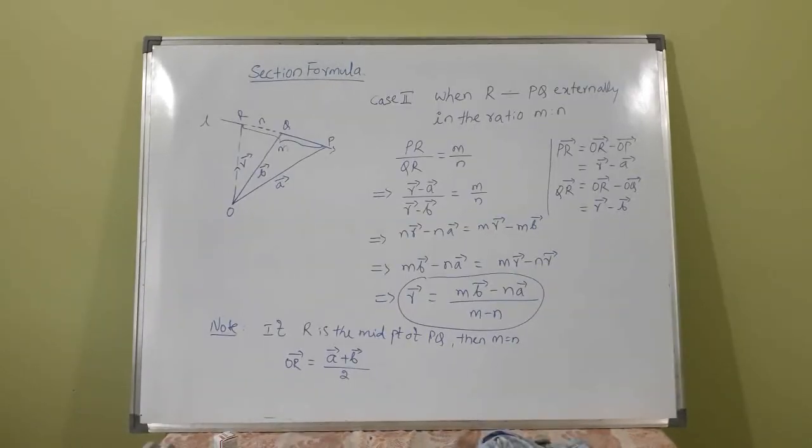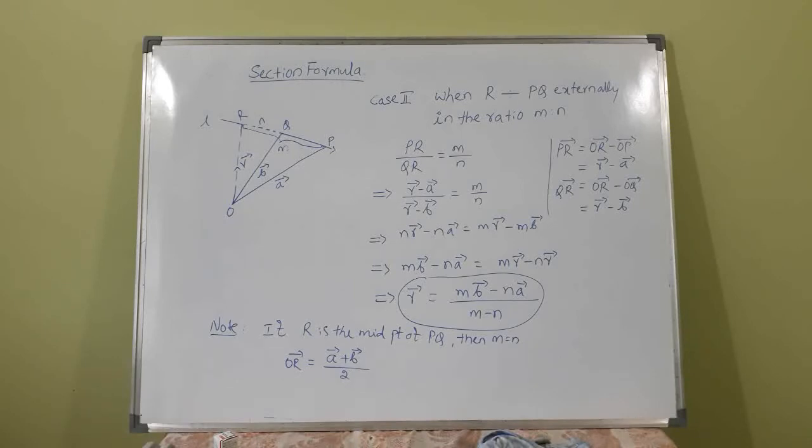So this is the second case, when R divides PQ externally in the ratio m:n. Here PR is m and QR is n. Somebody asked, how did you get n into PR is equal to m into RQ in the earlier case? This is very simple.